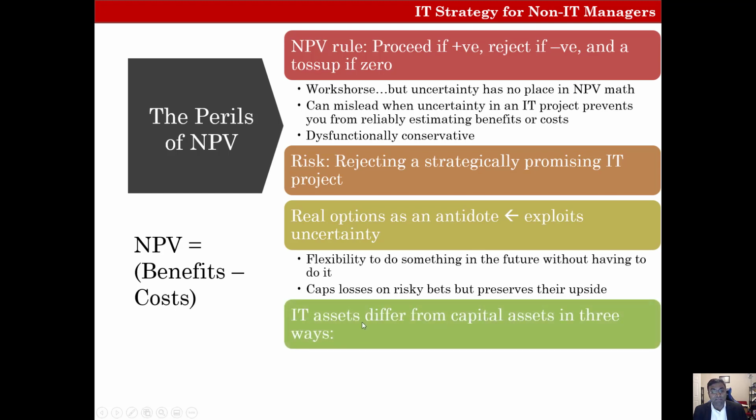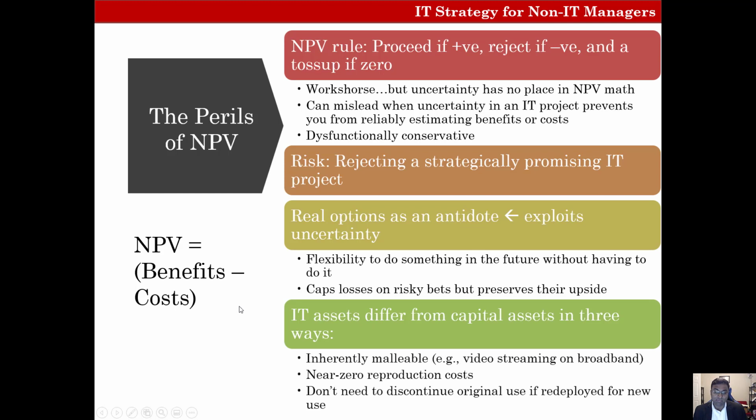IT assets differ from capital assets in three ways. One, they are inherently malleable or changeable. Two, there is near zero reproduction cost. And the third is you don't have to discontinue the original use when a copy is put to a different use.